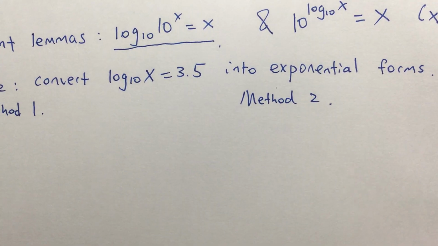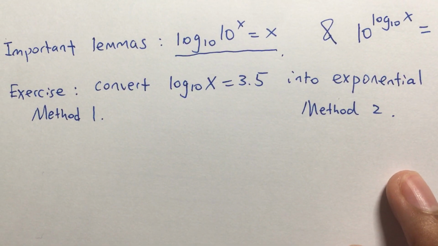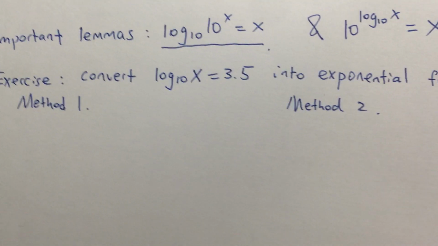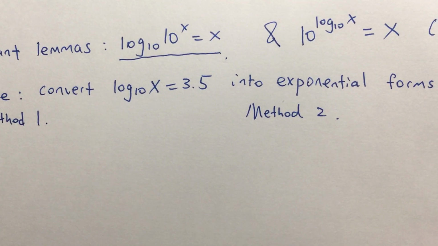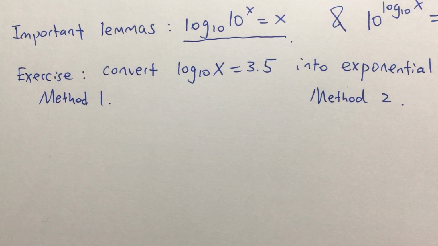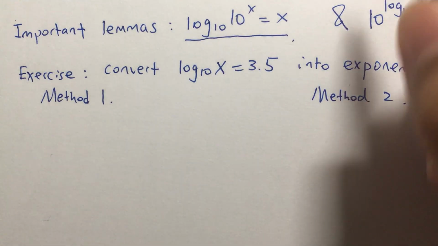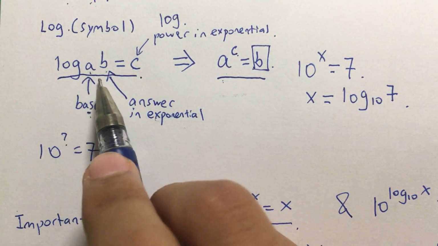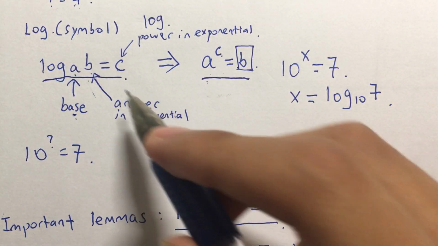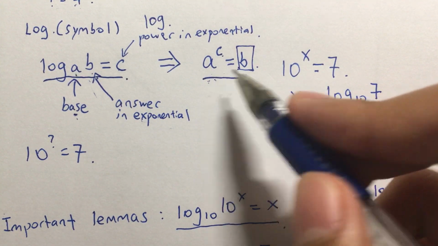Before we prove these, let's just do an exercise for using these two formulas to convert log base 10 of x equals 3.5 into exponential form. So we have two methods. The first method is quite easy because we already know that b is equal to a to the power of c.